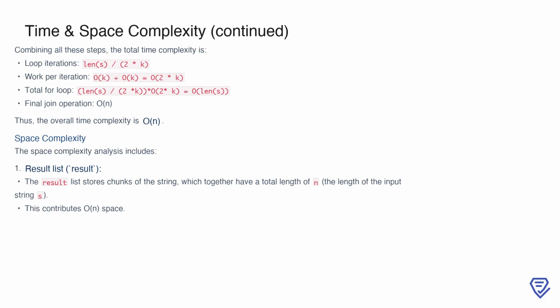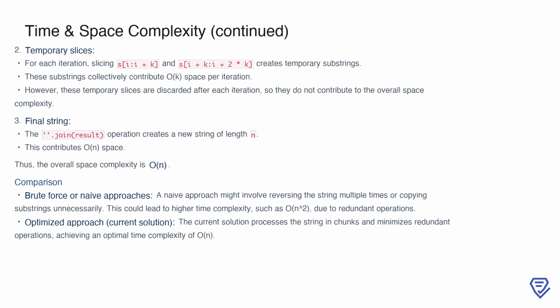Moving to space complexity, the primary contributor is the result list, which stores chunks of the string. Since the total size of the result list is equal to the length of the input string, this contributes O(n) space. Additionally, we need to consider the temporary slices created during each iteration. When we slice the first k characters and the next k characters, these substrings occupy O(k) space per iteration.